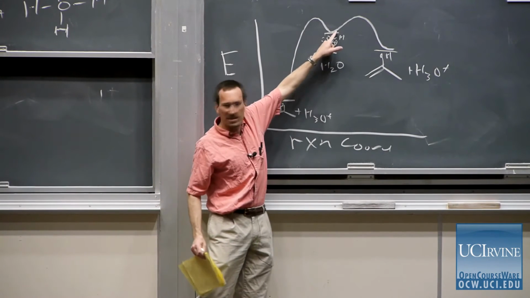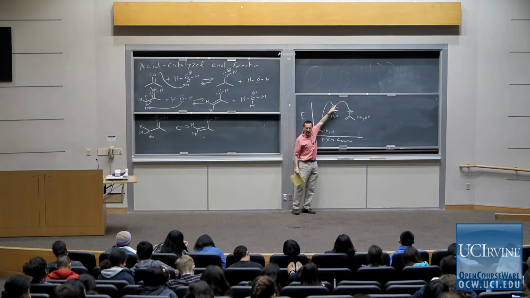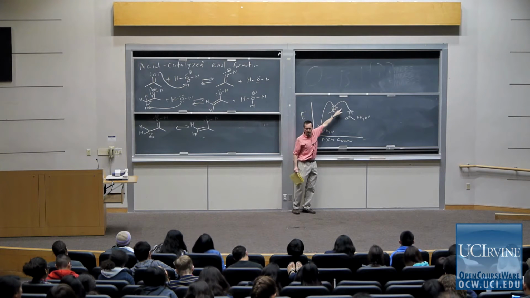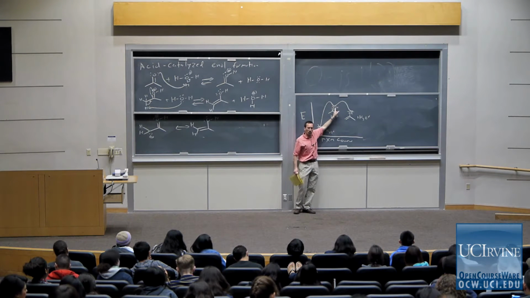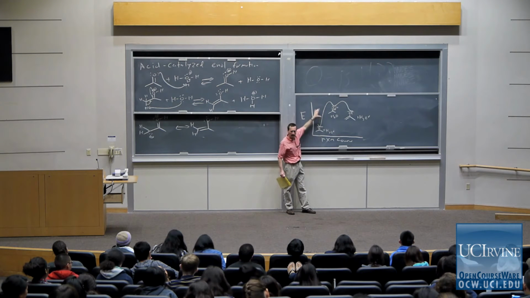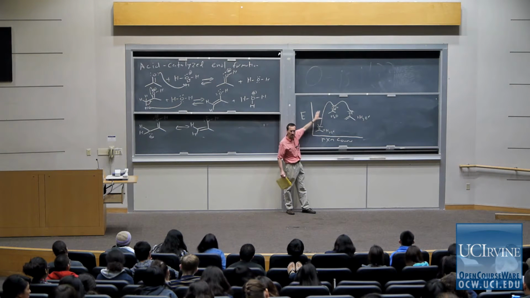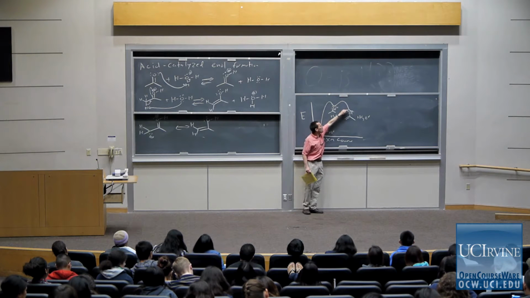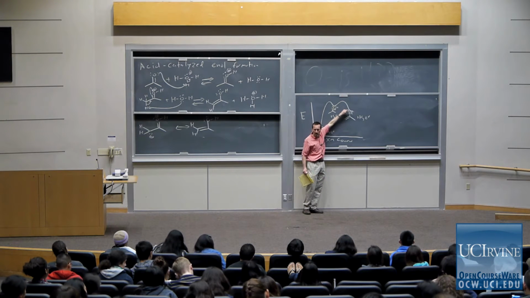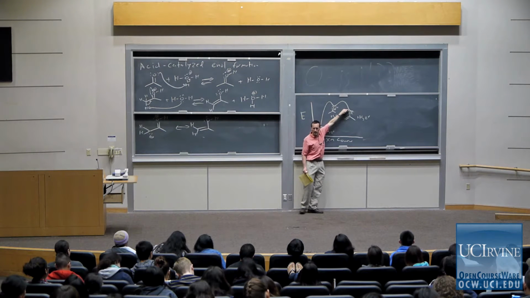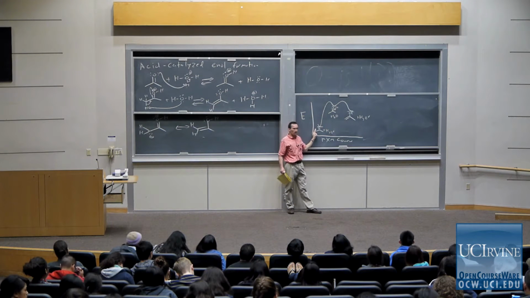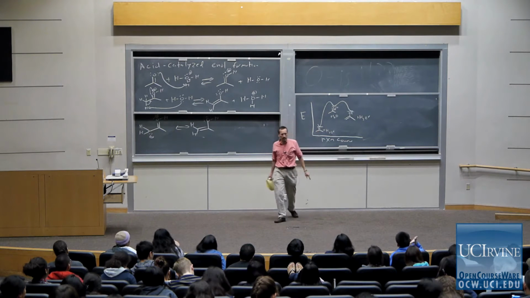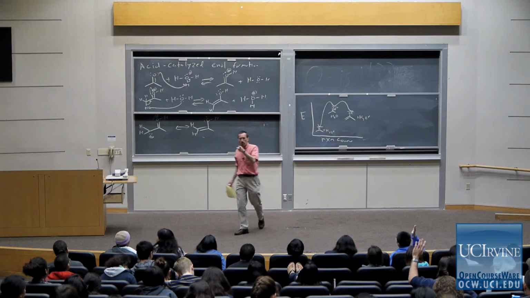So when you're at the intermediate, you can partition back, you can partition forward. It goes both ways. Most of the time, it actually ends up going back down. And ultimately, of course, it's the difference in energy between our product and our reactant that determines the position of the equilibrium.